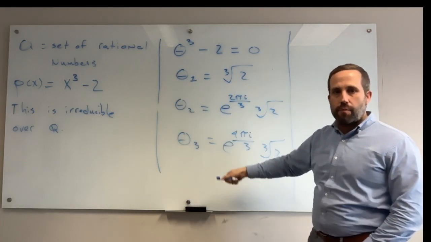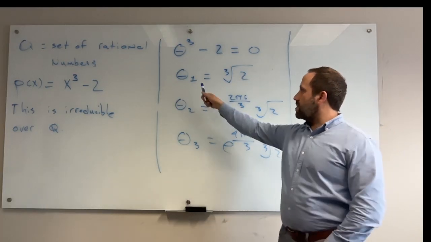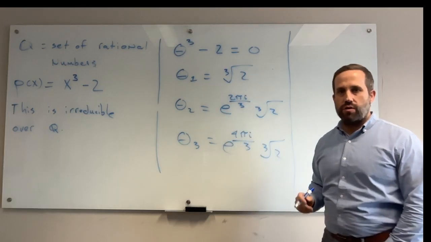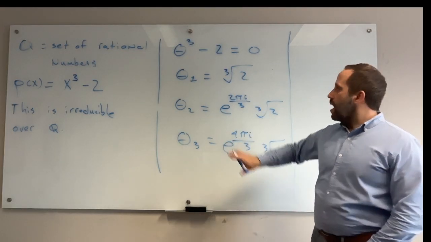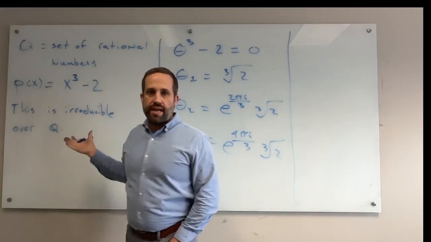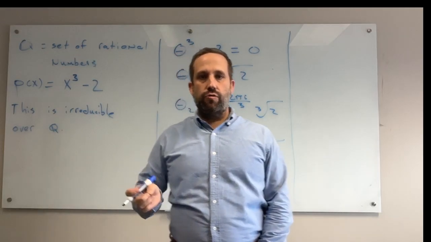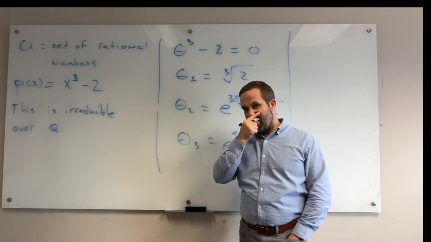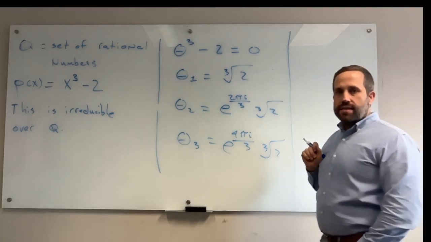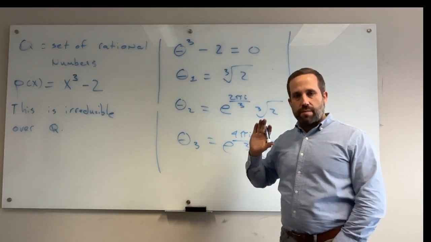If we permute these roots, and now say theta 1 is equal to this one, theta 2 is equal to that one, and theta 3 is equal to this one, or however it goes, we can see that there's a difference, but Q doesn't detect a difference because it doesn't see how these roots are different. They're not split in Q. That is going to be a very important thing.